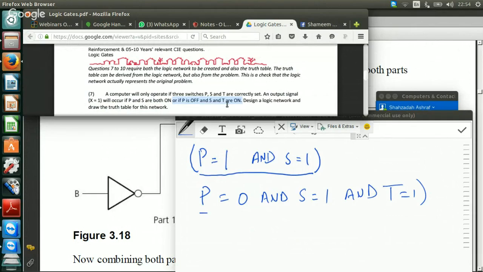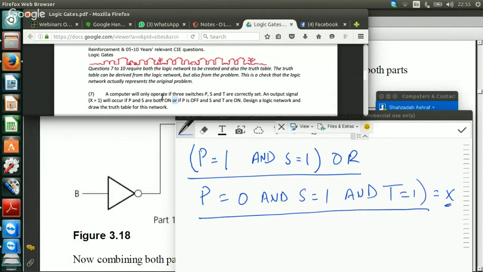S is equal to 1 and T is equal to 1. So what is in between this if and what is in between this if? It's this OR. If you can look at my cursor, this OR will come up here like this. So this whole thing will become one equation, equal to X. X will be proven if this whole thing will be correct.